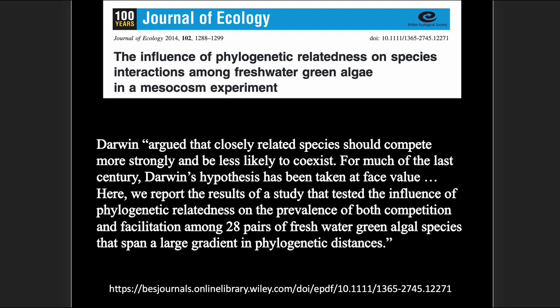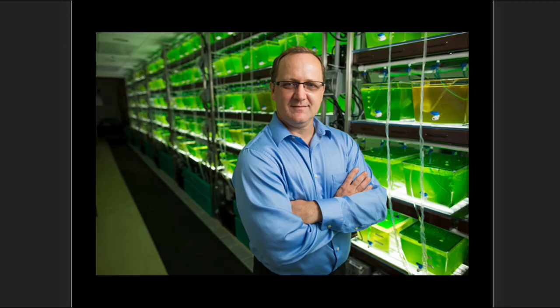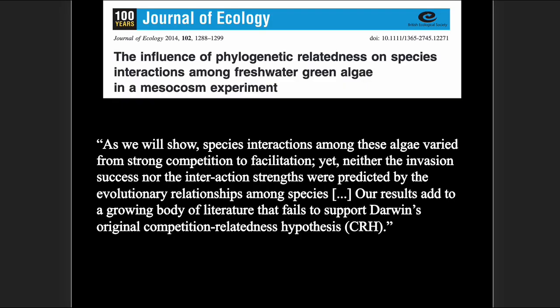Here we report the results of a study that tested the influence of phylogenetic relatedness on the prevalence of both competition and facilitation among 28 pairs of freshwater green algal species that span a large gradient in phylogenetic distances." And here's the picture of eventually what they had for their experimental setup. A pretty impressive setup there at the University of Michigan.